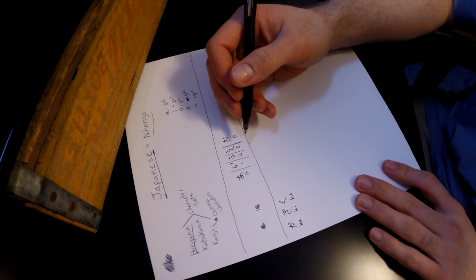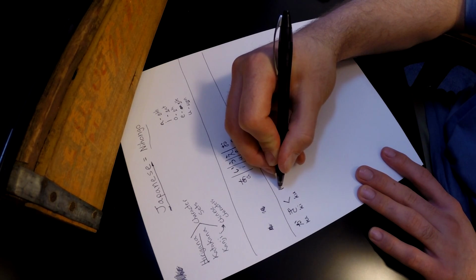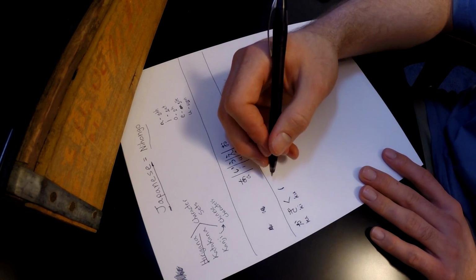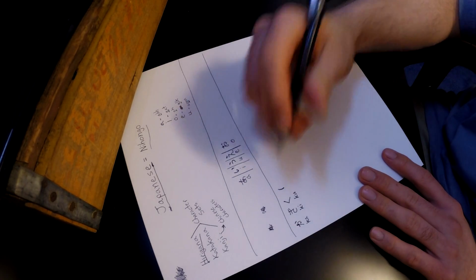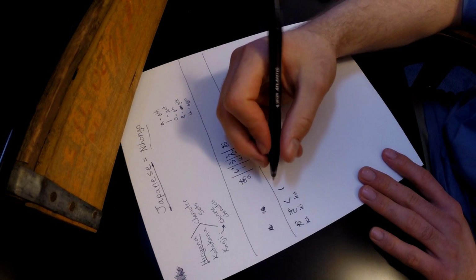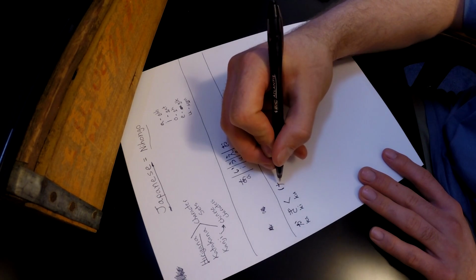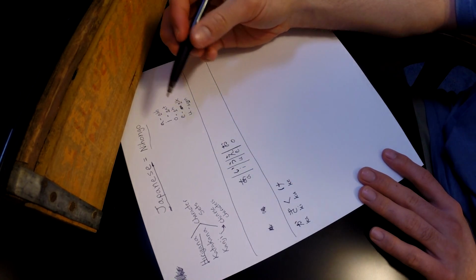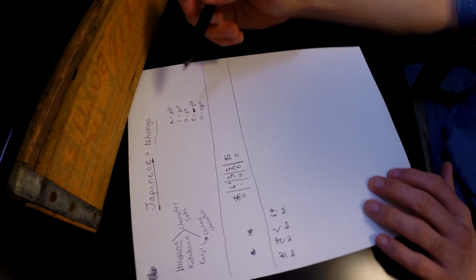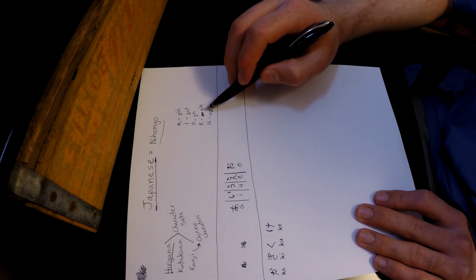And then this one right here is ke. Remember, the vowel E is pronounced like an elk, so it's an eh.